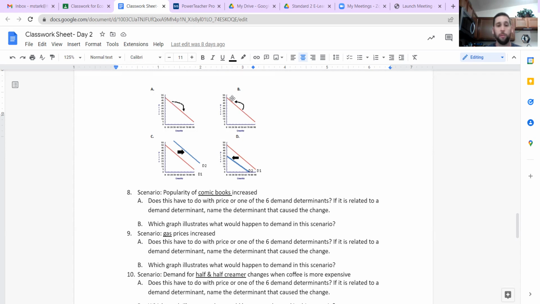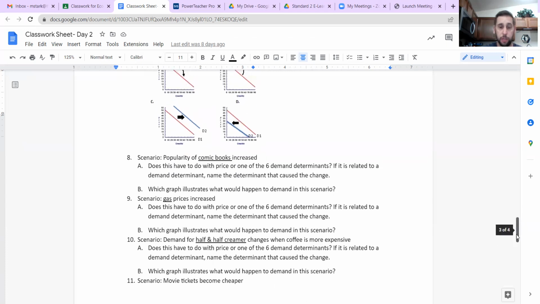So for example, for number 9 here, gas prices increased. Simple price change. Increase means price is going up. That would be graph B, an arrow going up the demand line. Number 11, scroll down, movie tickets become cheaper.